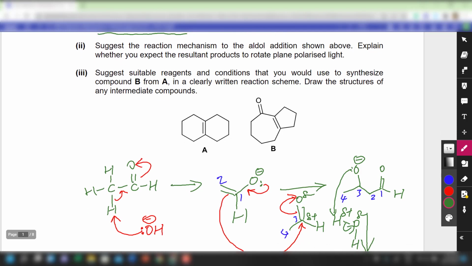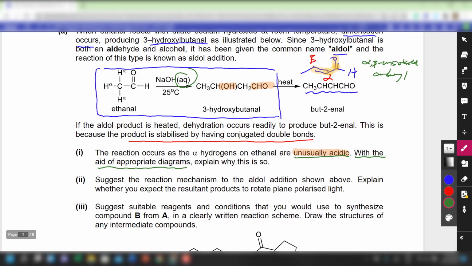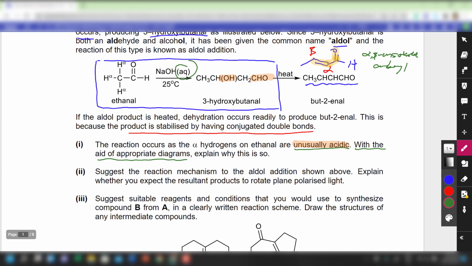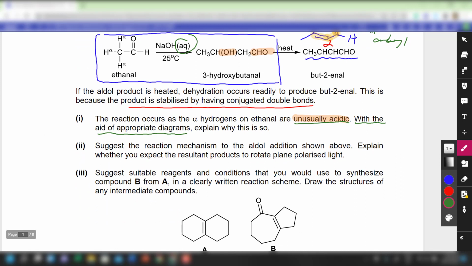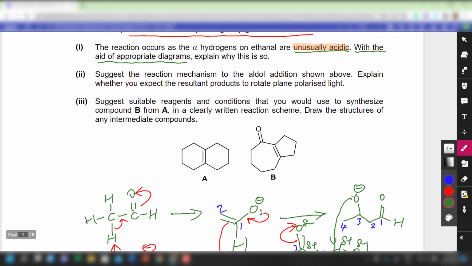Then part 3 is an application of what we learned earlier on. Usually when it's under the same large part like part A, B, the subparts are usually related. So you are being asked to suggest suitable reagents and conditions to synthesize compound B from A in a clearly written reaction scheme.